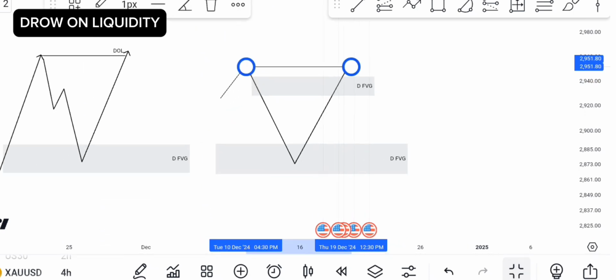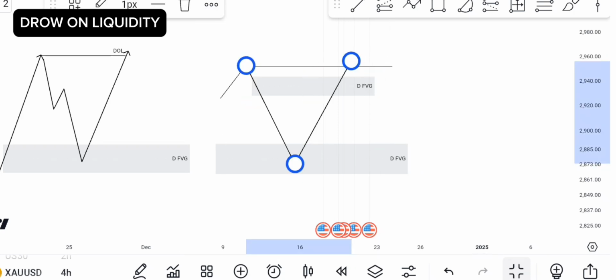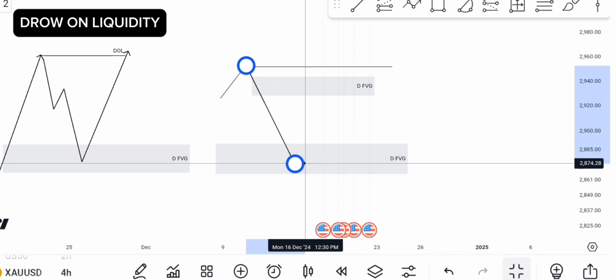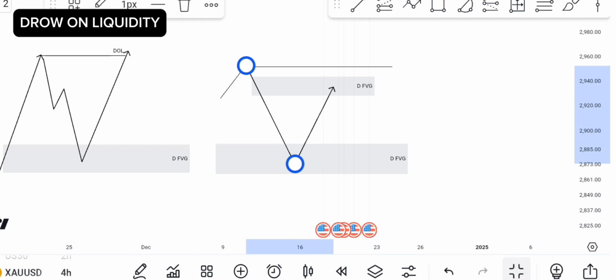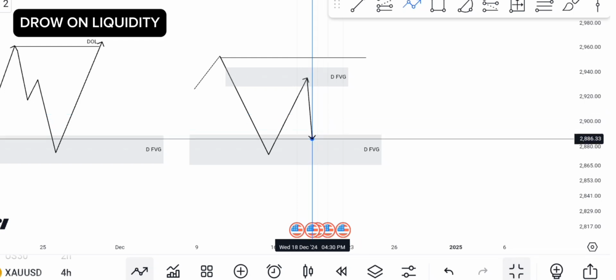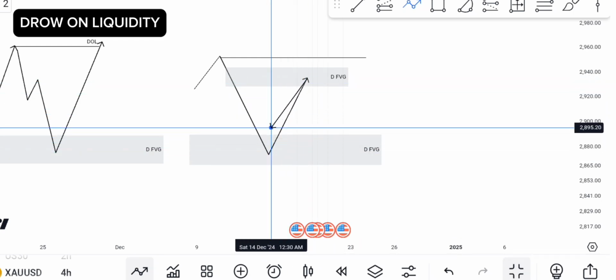Just a second, let me mark this rightly. In case price taps this daily fair value gap, after the rejection price will simply come back to this daily fair value gap, and again price will start rejecting from this daily fair value gap.